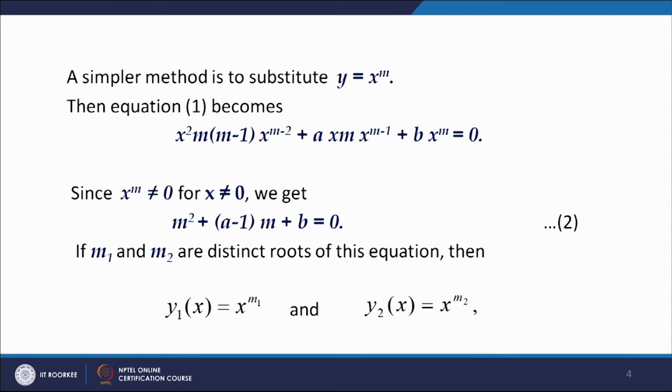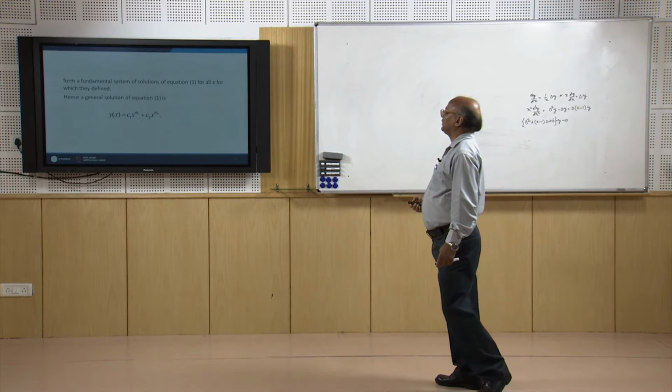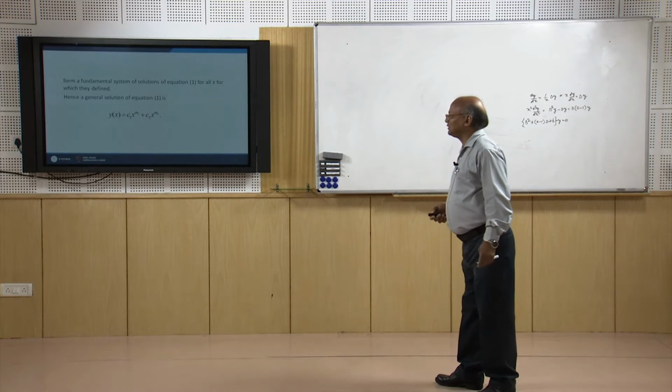Now, m1 and m2 are distinct, so y1 over y2 will not be a constant, and therefore x to the power m1 and x to the power m2 will be linearly independent, and so we can form a fundamental system of solutions of the given equation for all x for which they are defined. So the general solution of the equation in this case can be written as y x equal to c1 x to the power m1 plus c2 x to the power m2.